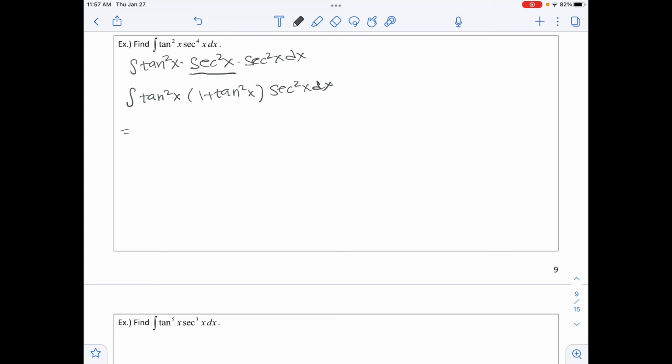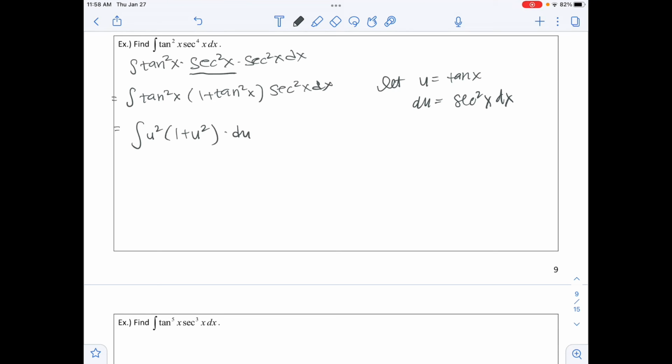From here, we're going to use u substitution, like we said, and let u equal tangent of x, du is going to be secant squared x dx. So from here, we have the integral of u squared times 1 plus u squared times, and then secant squared x dx is just equal to du.